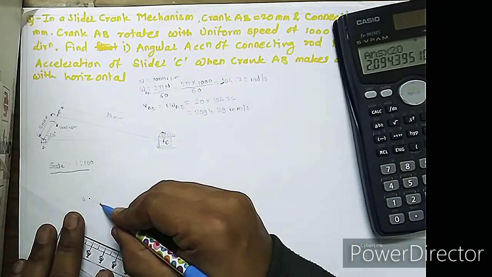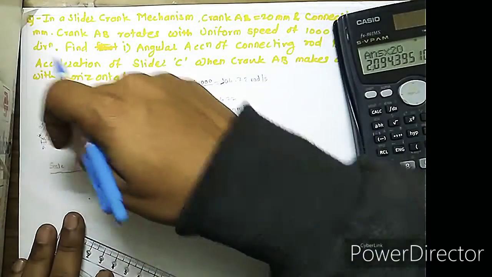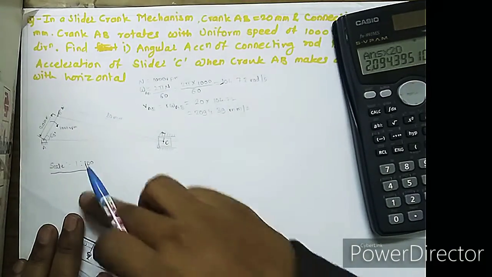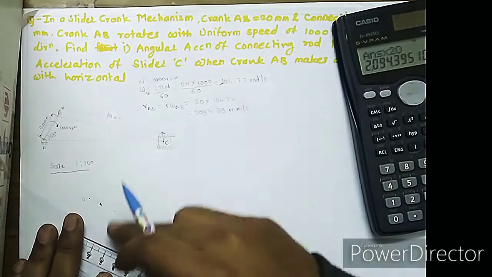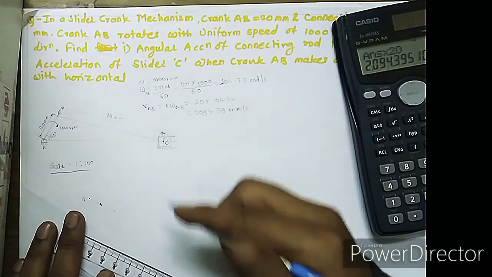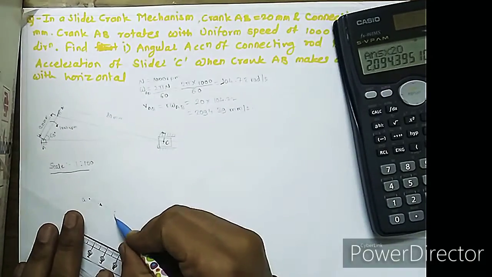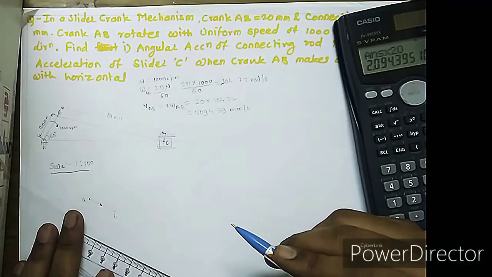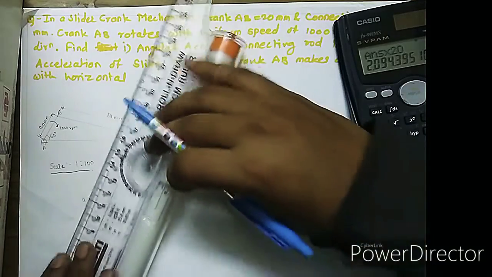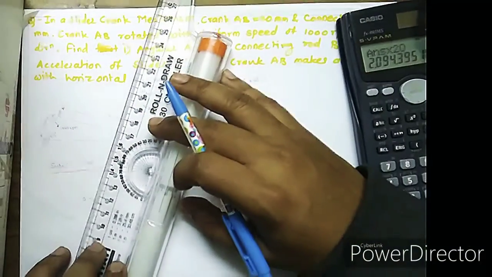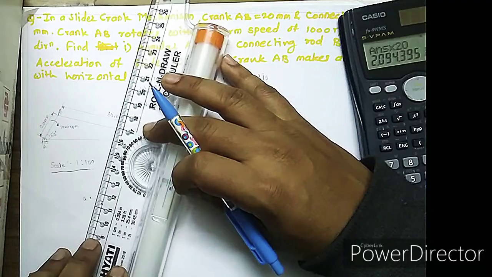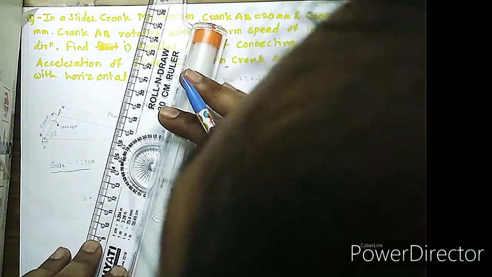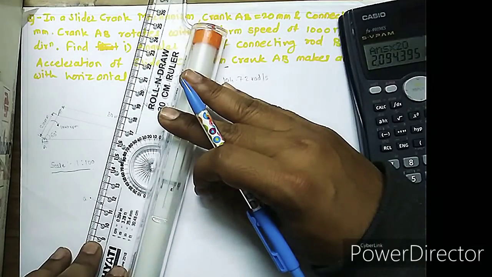Now as crank rotates in a clockwise direction, we have to make a downward arrow to the line AB. The point which comes, name it as small b. Now we have to draw the perpendicular line to the connecting rod BC, making the scale aligned to the connecting rod, so that we will get the perpendicular line.